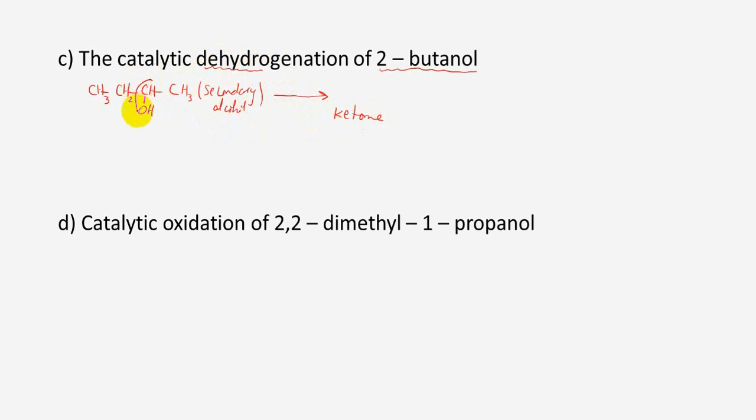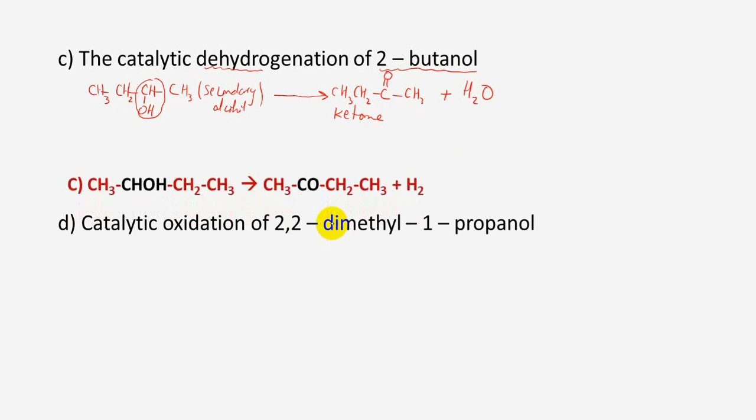We only change the carbon of the hydroxyl group into a carbonyl group, C double bond O, and we write the remaining part, CH3CH2 on the left side and CH3 on the other side. The other product, since it is a dehydrogenation, is hydrogen gas. This is the equation of the reaction.